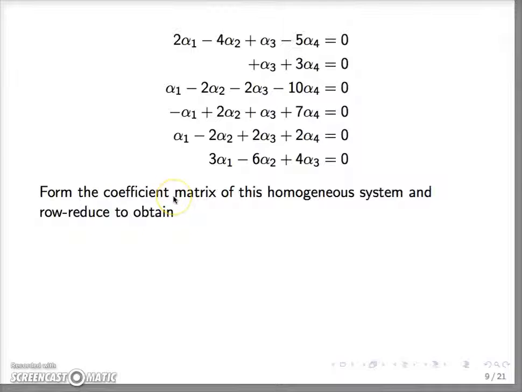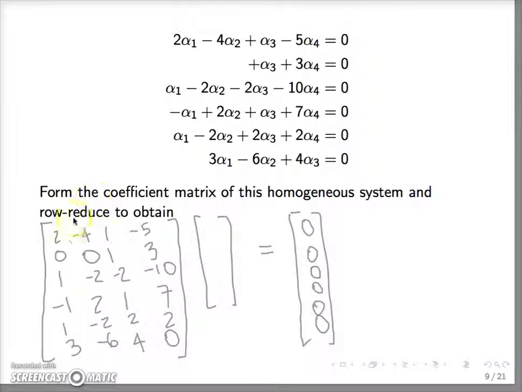So we would form the matrix of coefficients. Essentially we write this homogeneous system in matrix-vector notation. The variables here are alpha 1, alpha 2, alpha 3, and alpha 4, and that is compared to the column vector with 6 zeros.